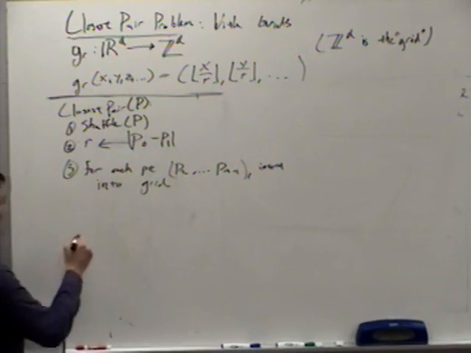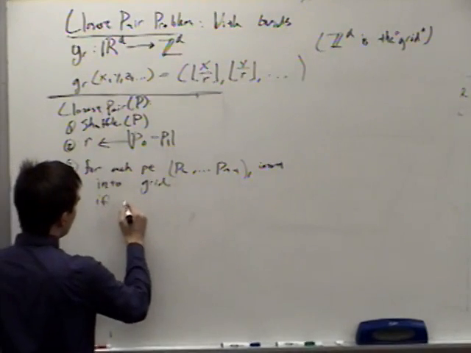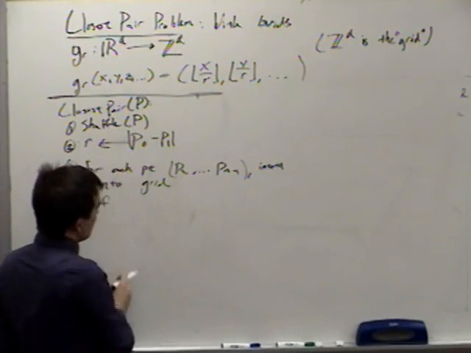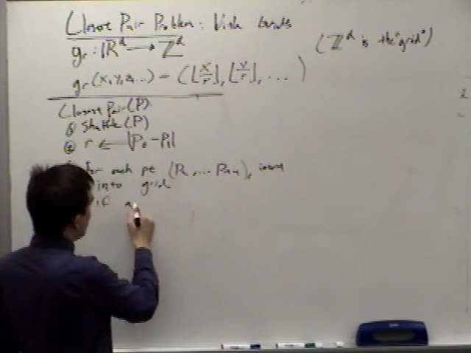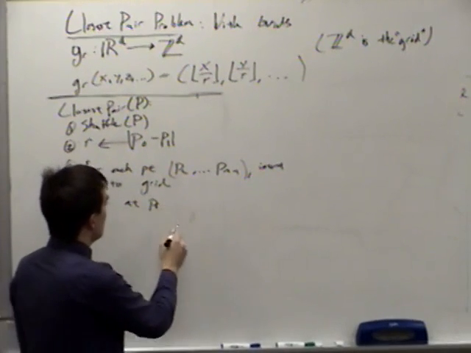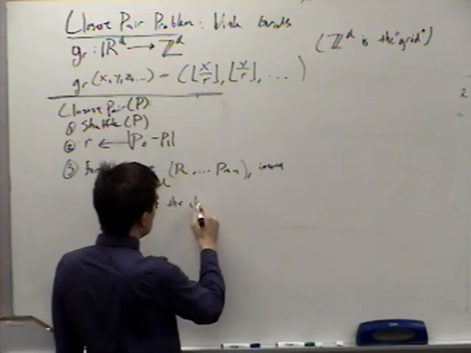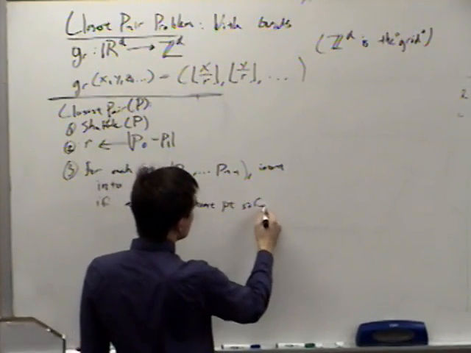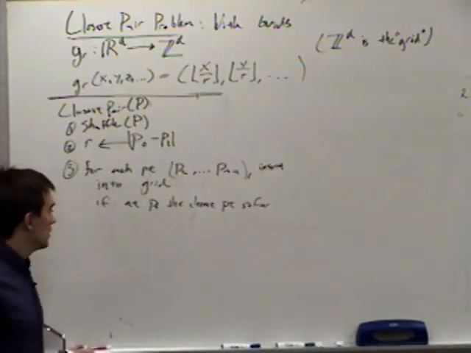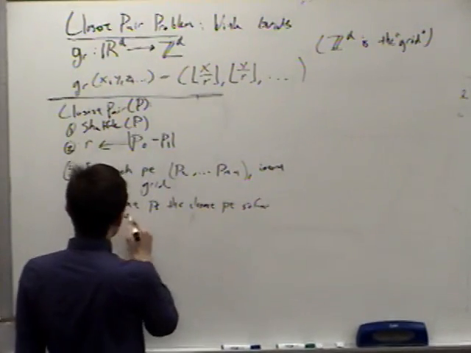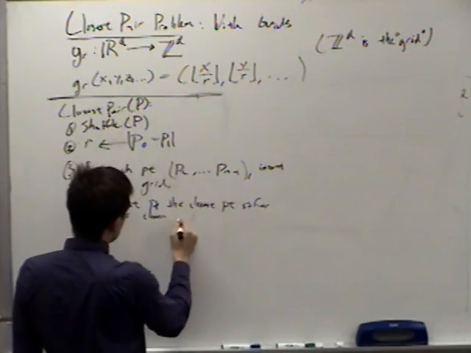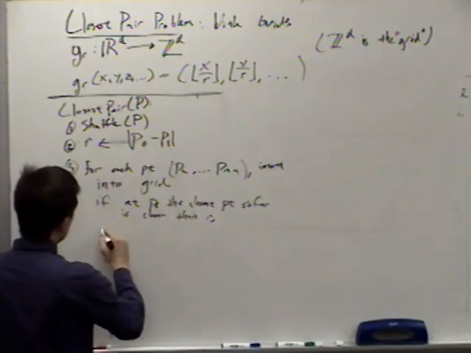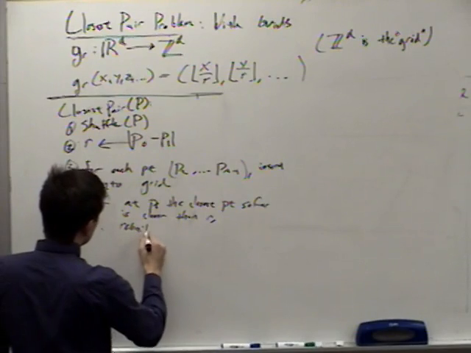And so if at pi the closest point so far to pi is closer than r, then we just rebuild the whole thing.